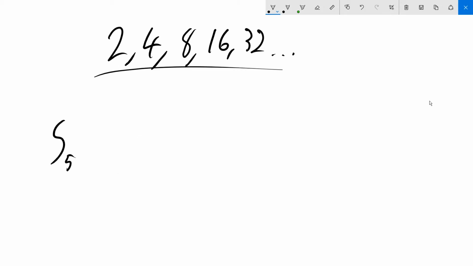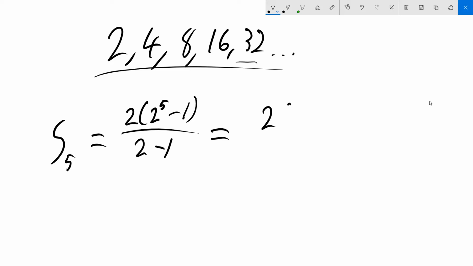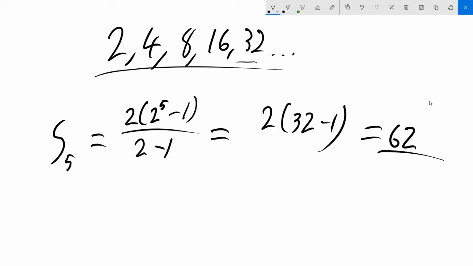So S5 equals our starting number, 2, lots of our rate, 2, to the power of 5, 32, minus 1, divided by our rate, 2 minus 1. That gives us 2 lots of 32 minus 1, which becomes 31, 2 times 31, and that becomes 62. So that's our series up to 5 terms.